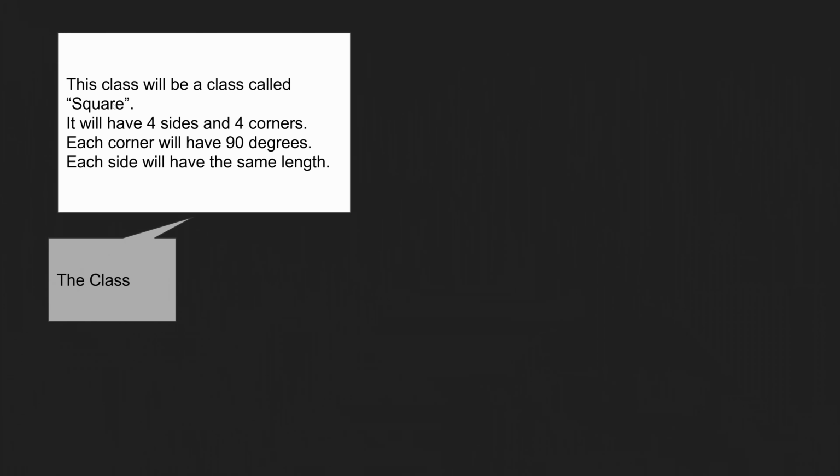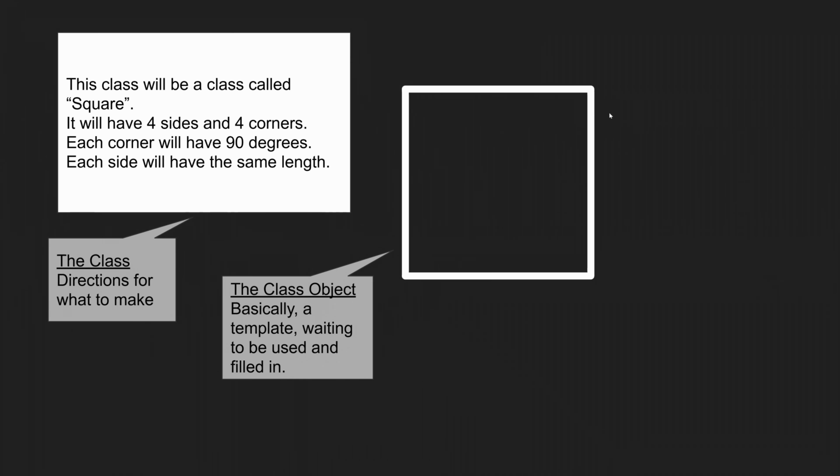Let's say we have a class for something called square. We'll have 4 sides, 4 corners. Each corner is 90 degrees. Each side should have the same length. This is given in English, but if you wrote it in code, it'd be referred to as the class. You're defining the different aspects of it. Your class object is this template that is created when you run your program and just exists as an empty space for you to fill in the actual objects.